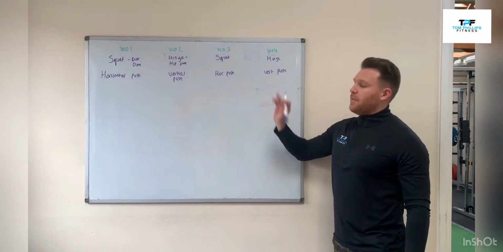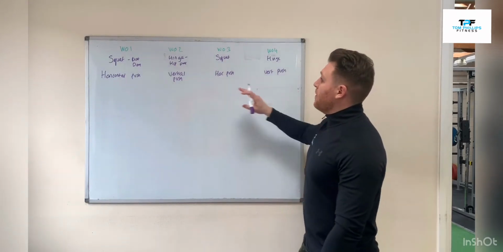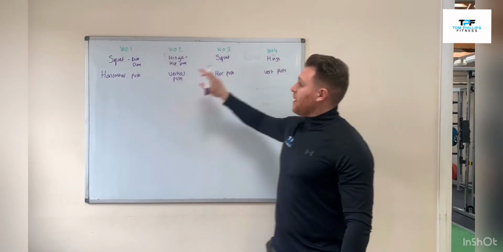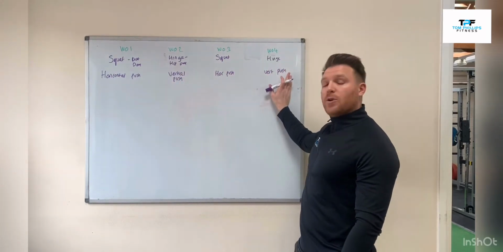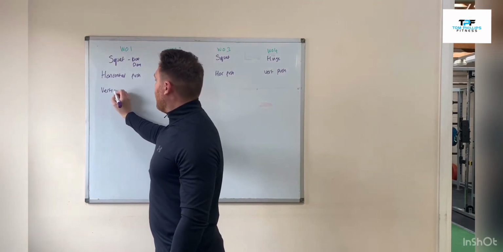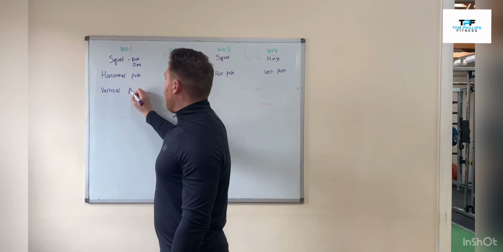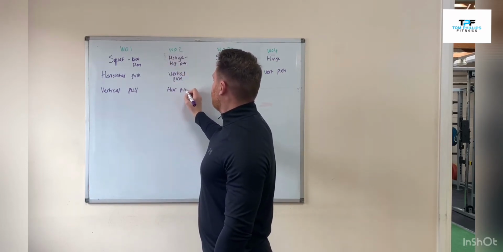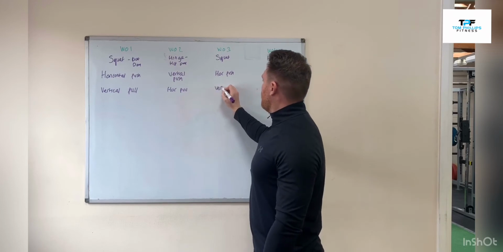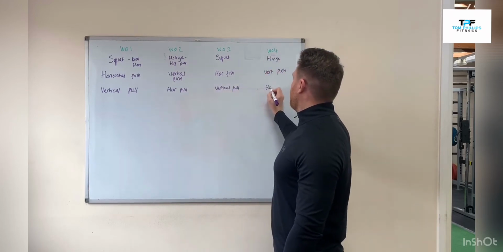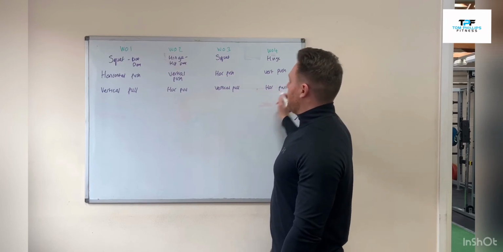Same thing again: we've now got lower body movements at the beginning of the workout, then chest and shoulder movements in this one. Then we do the same thing again, but for back: vertical pull, horizontal pull, vertical pull, horizontal pull.